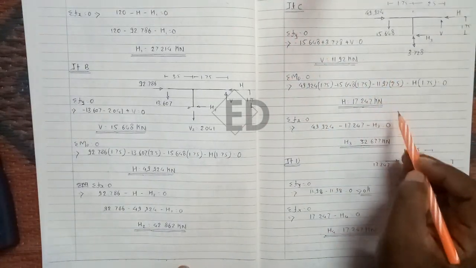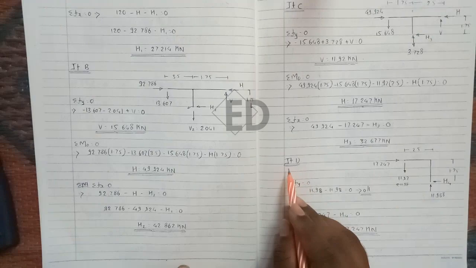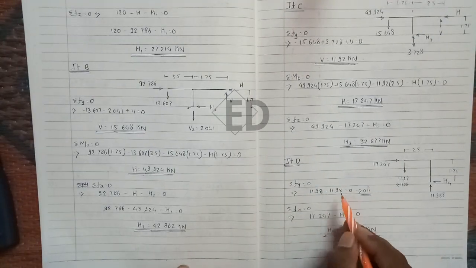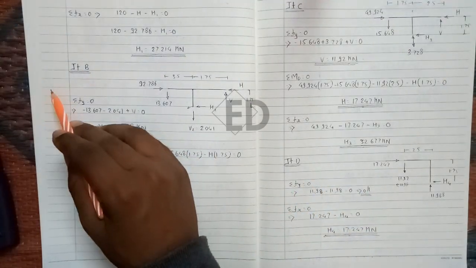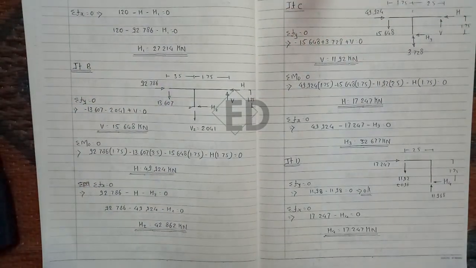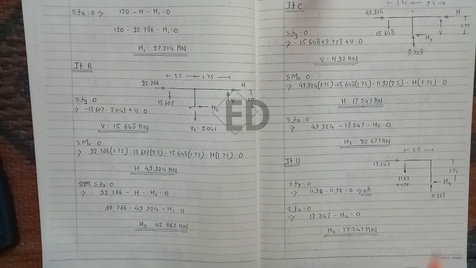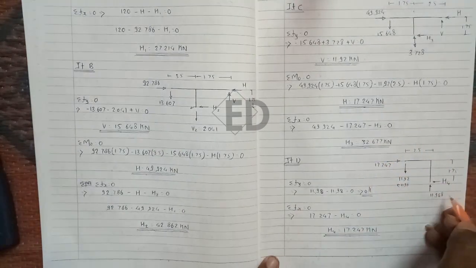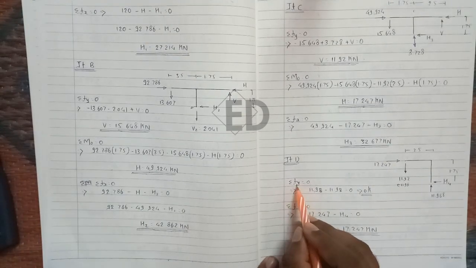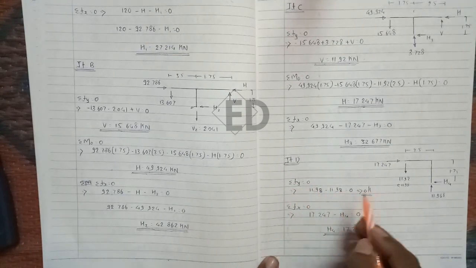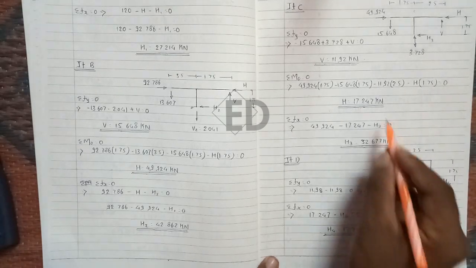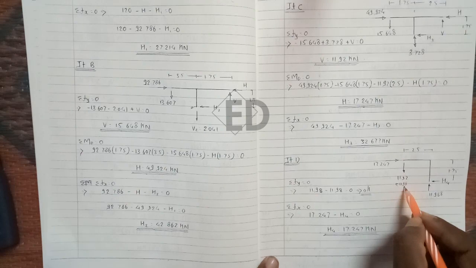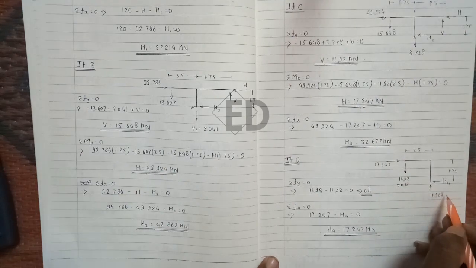So these are the values for joint D. To make sure whether our calculation for joints A, B, C is right or not, we find out by joint B. Because if we take summation of Fy equals to 0, we get this from the figure, that is 11.92 equal and opposite, and we know that we are calculating V4 here, 11.94.